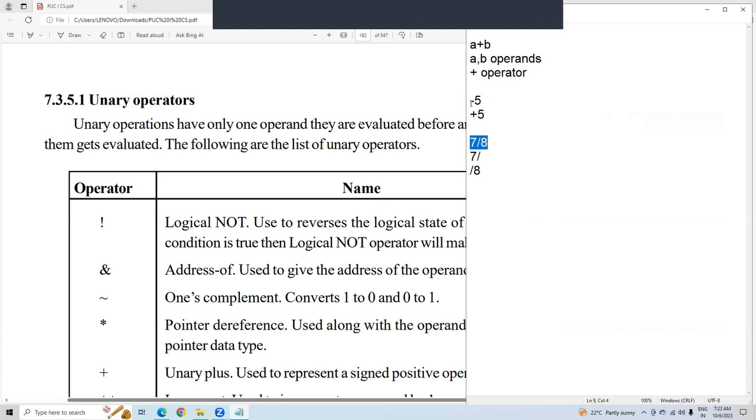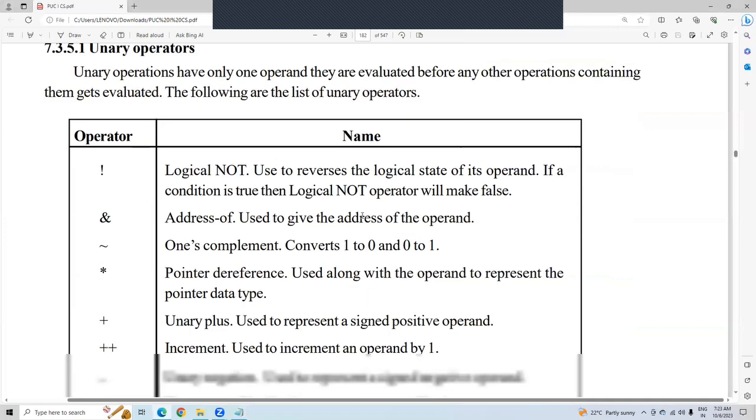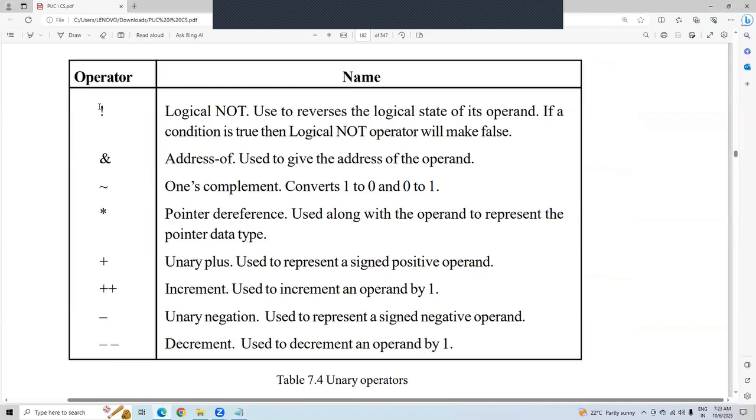Minus and plus are the generally used unary operators, but along with that, there are some other unary operators and they are here. Logical not operator and address of operator are there, and even the reference operator also in C++. And this is one's complement, which converts 1 to 0, 0 to 1. This is also called the tilde operator. In the keyboard, in the numbers row, before the number 1, that tilde key is there.